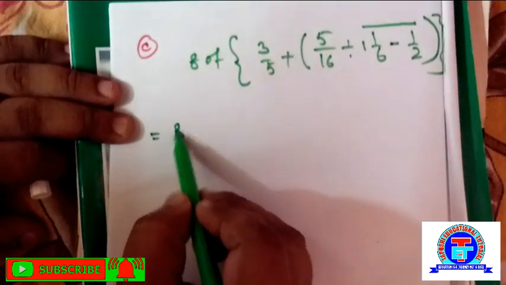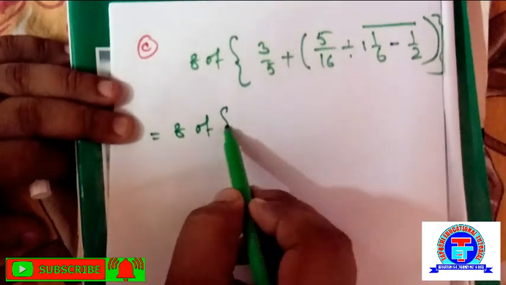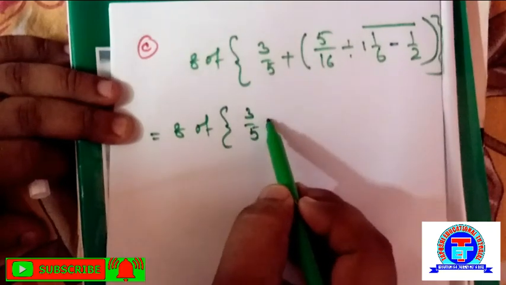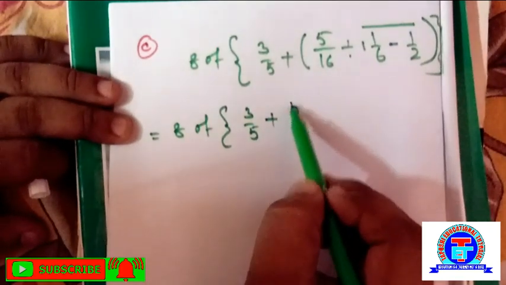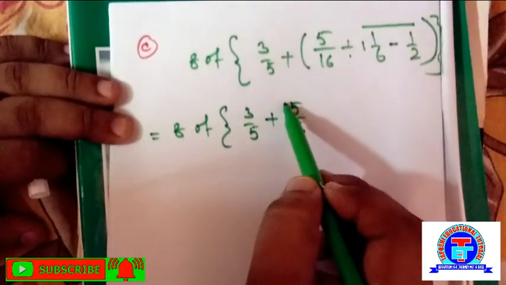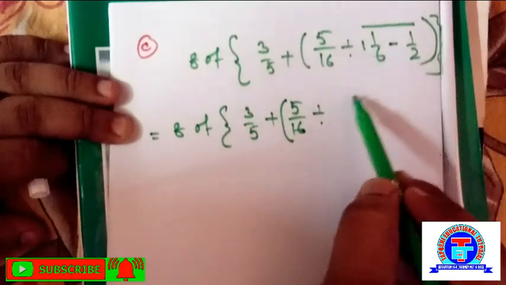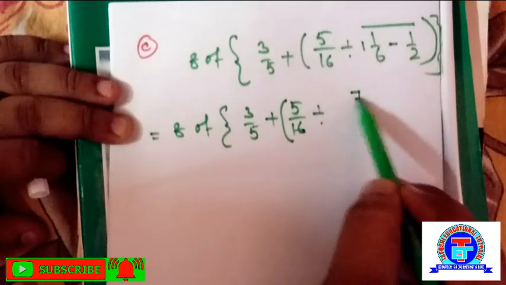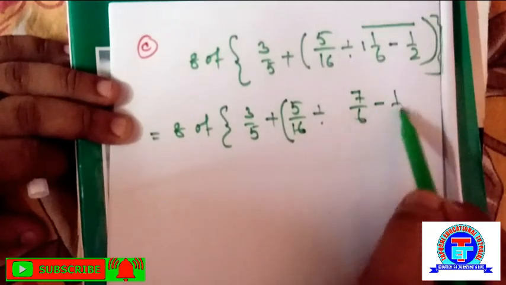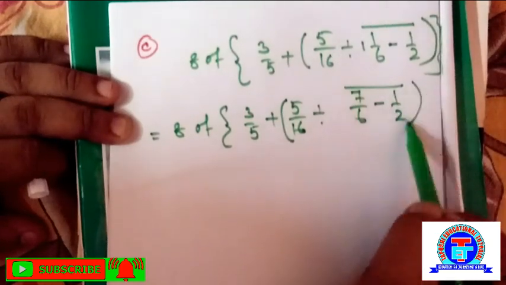We write here 8 of the curly bracket 3 by 5 plus 5 by 16 divided this one mixed fraction converted to the improper fraction 7 by 6 minus 1 by 12, this one.